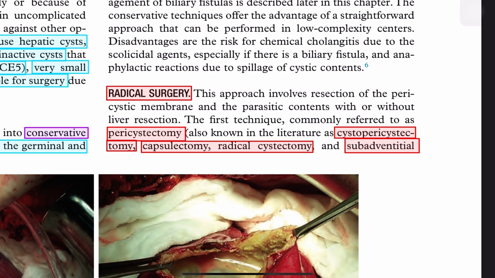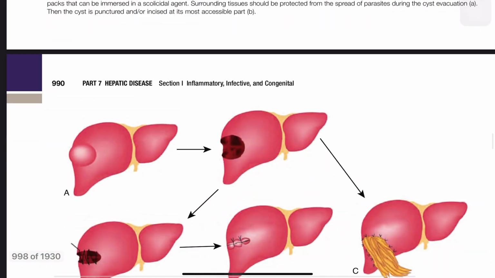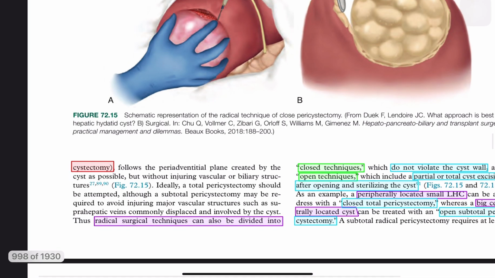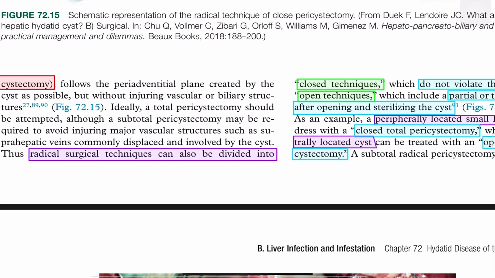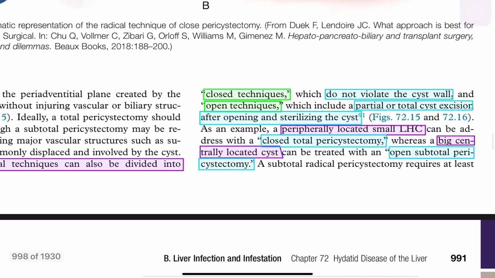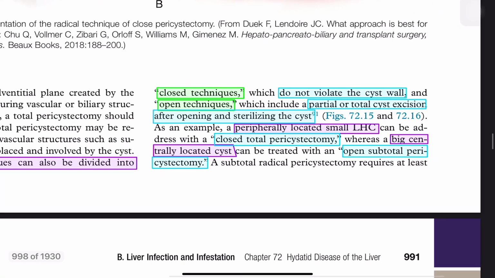So radical surgery is also known as pericystectomy, cystopericystectomy, capsulectomy, radical cystectomy and subadventitial cystectomy. This radical surgery is also divided into closed and open technique. Closed technique is when you do not violate the cyst wall, and if there is a partial or total cyst excision after opening and sterilizing the cyst, it is known as open technique.